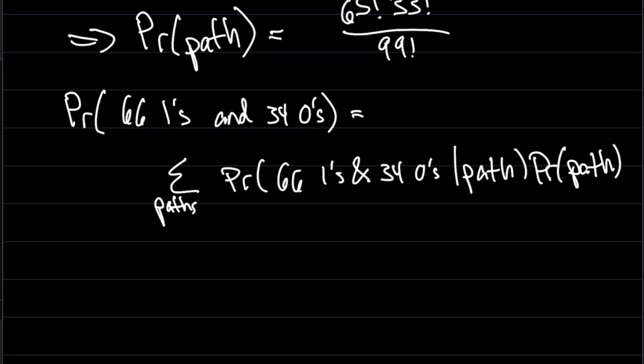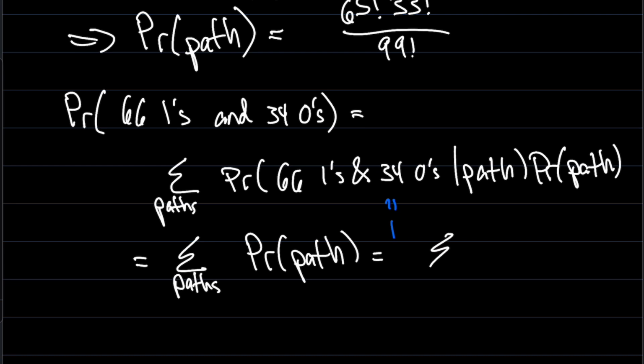So we know if we have this specific path, then this will just be equal to 1, because that path is guaranteed to have 66 ones and 34 zeros. So this sum is going to be the sum over all paths of the probability of that path, which again is going to be equal to 65 factorial, 33 factorial over 99 factorial. And now it's just how many ways, because this is just a constant, we have no dependency on what the actual path is, we can just multiply this by however many paths there are.